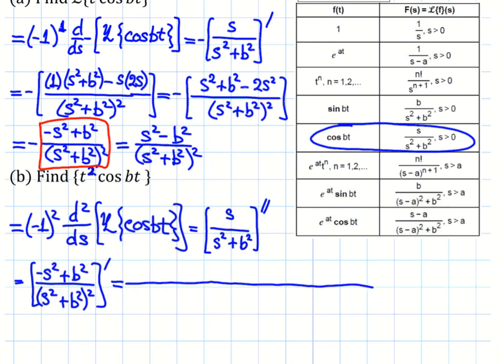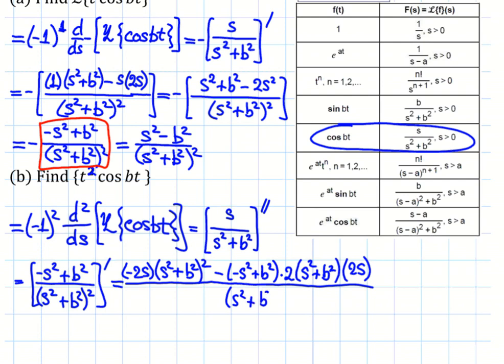On the top, derivative of the top, we have negative 2s, and then the bottom, (s squared plus b squared) squared, and then minus the top, minus (s squared plus b squared) times the derivative of the bottom, that is 2 times (s squared plus b squared), and then there's a 2s there, that is the chain rule, over the bottom squared, so (s squared plus b squared) squared, squared again, or to the 4th power.